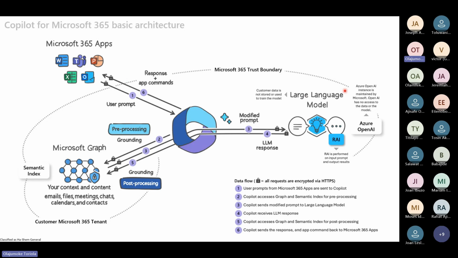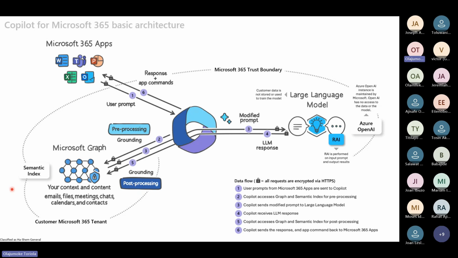And then you have the large language model here, right? And then you have the Microsoft Graph. Again, the three components that make the Copilot for your Microsoft 365: one, the Microsoft 365 apps sitting here, then the large language model, and the Graph that is helping to pull all of that information.